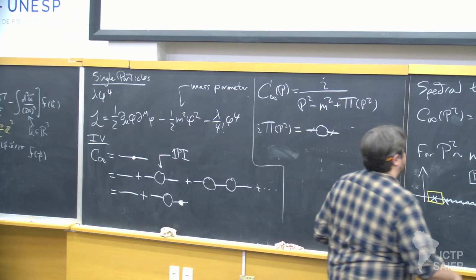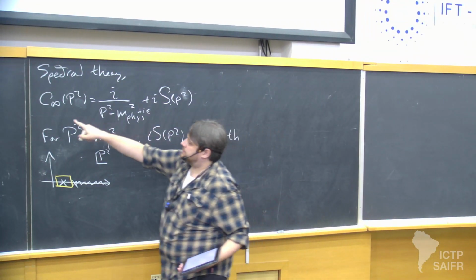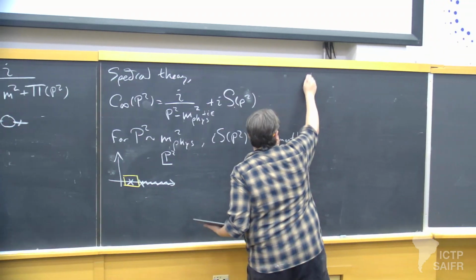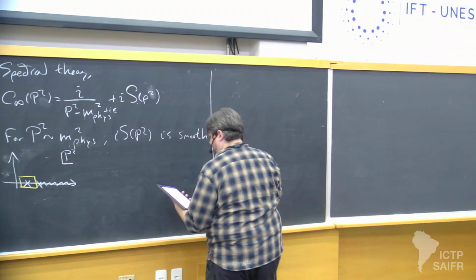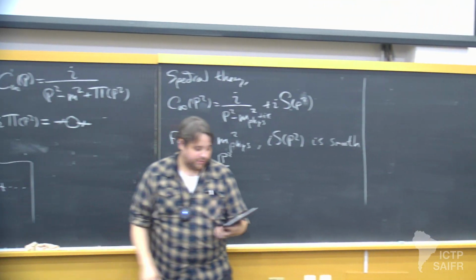So now, this is not relevant for any singular structure. I compare this to this, and I find a condition to relate the physical mass to these quantum field theoretic quantities.